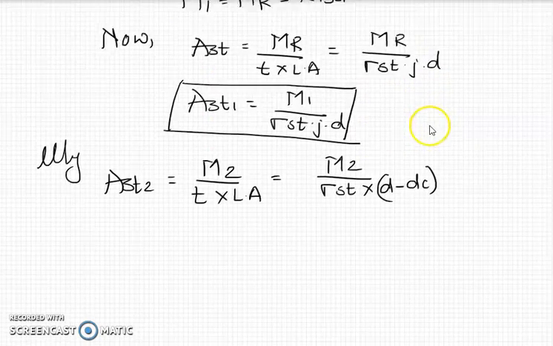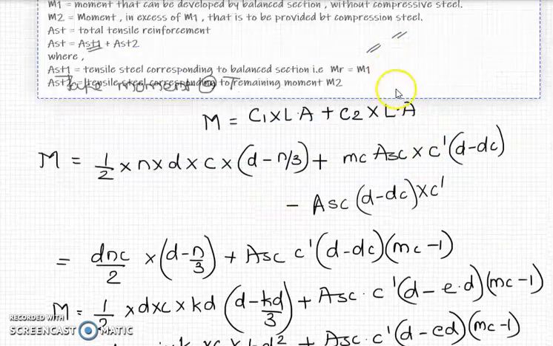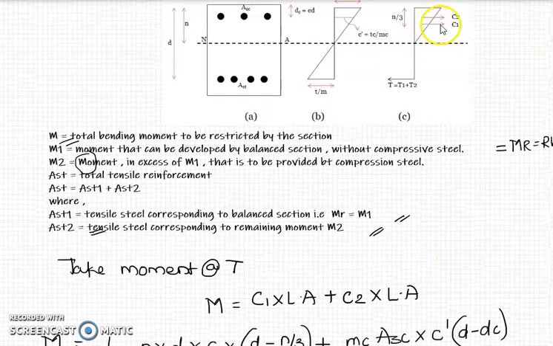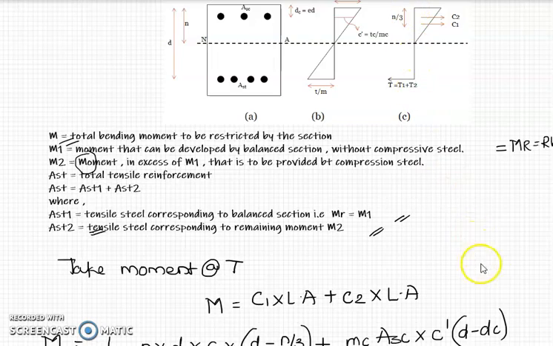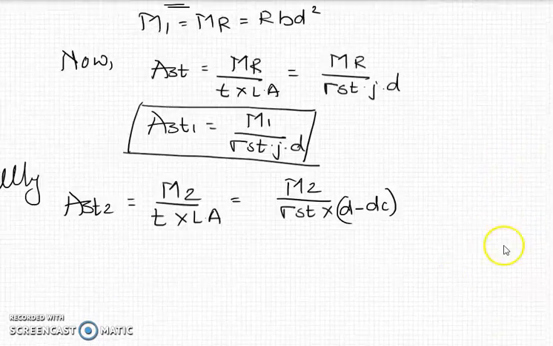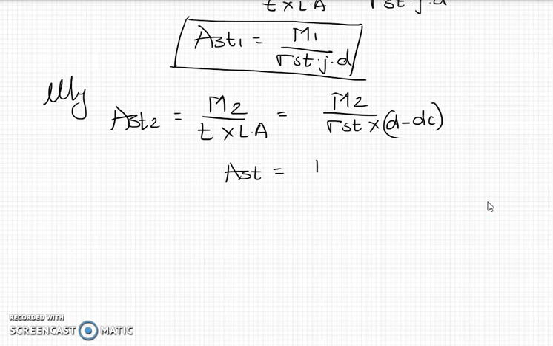J into D was with respect to the force C1 in the stress diagram. Now with respect to C2, it is a different lever arm, so I have considered it as D minus DC. So for AST2, we get the equation as M2 upon sigma ST into D minus DC.